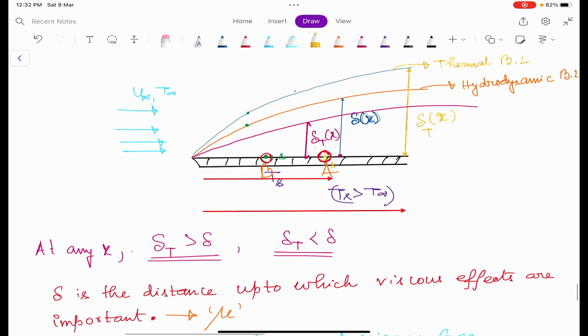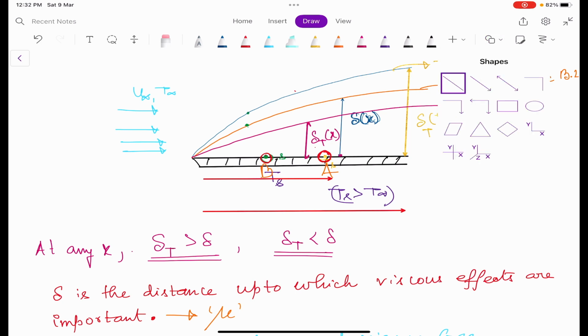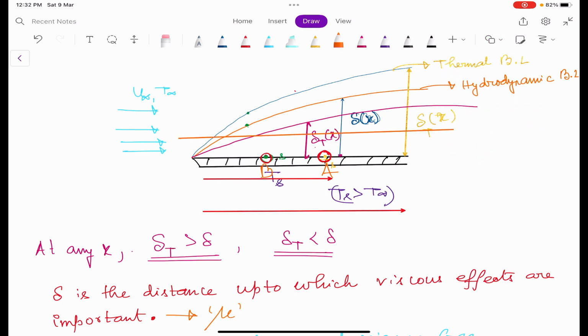At a particular y, let us say at this point, if the inertia force is more, then here the velocity will be more than the case if the viscous force is more. And if the viscous force is more, then it has slowed it down.